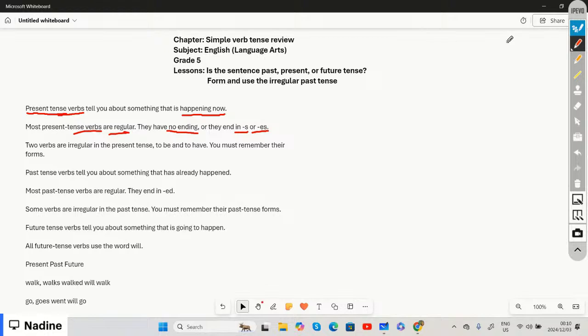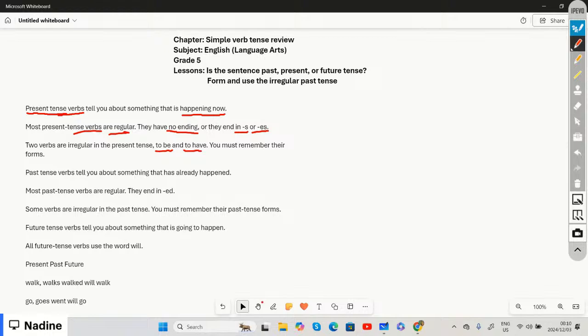And when it comes to the irregular verb tenses, specifically the irregular present tense, which is to be and to have, there are basically no rules that you need to follow. It's not regular, it is irregular.